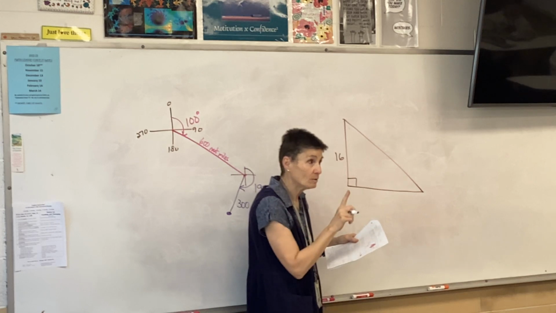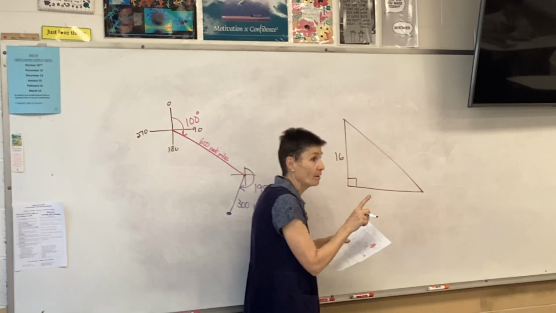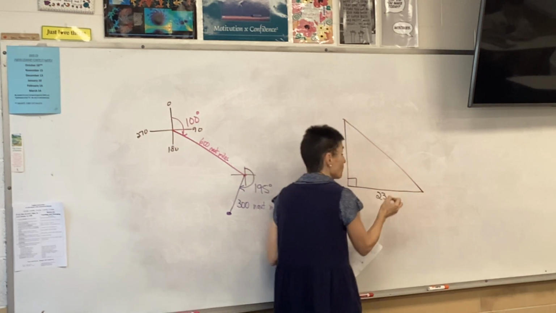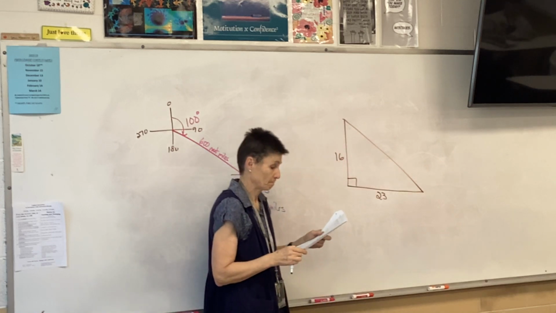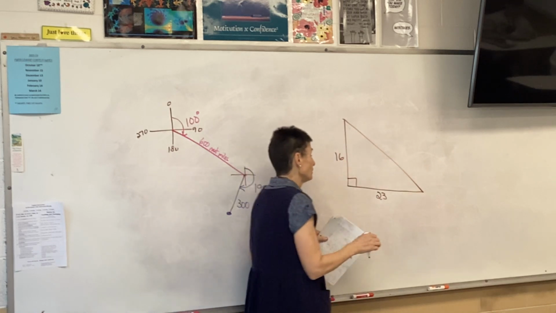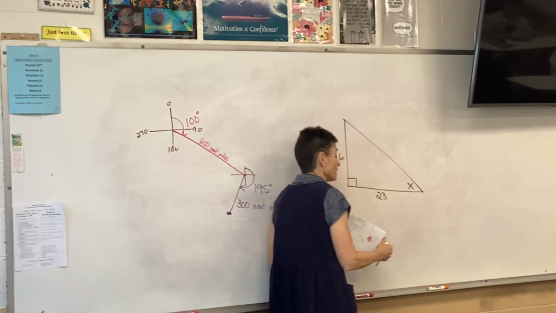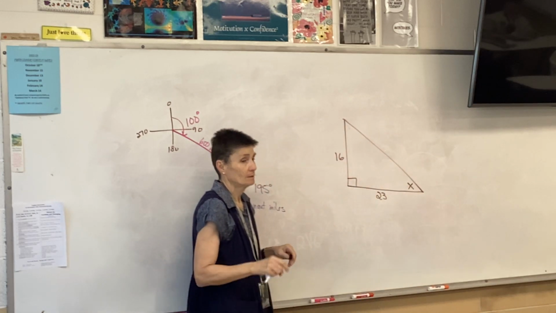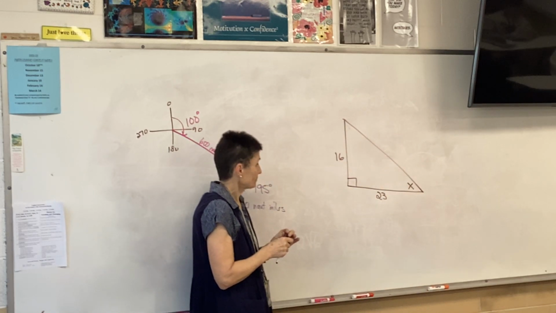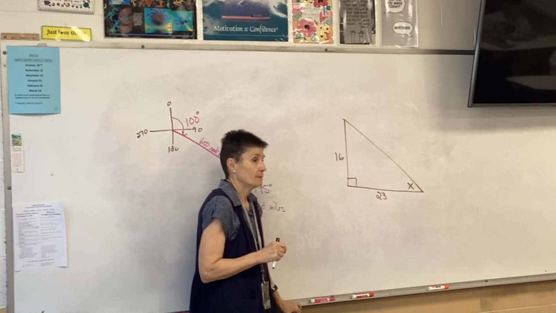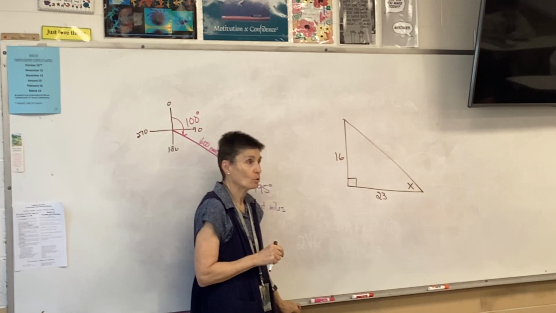Where's that shadow go? On the ground. Shadows are on the ground. Find the angle of elevation of the sun. Our angle always goes right there. Now I need an equation.